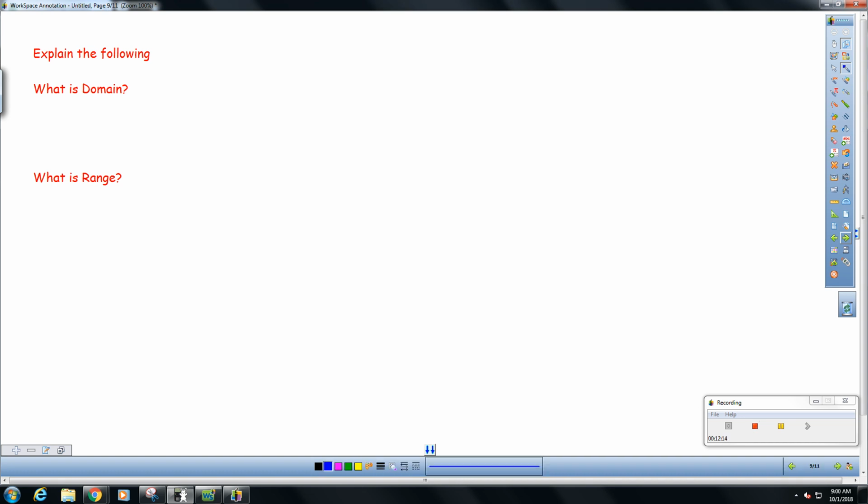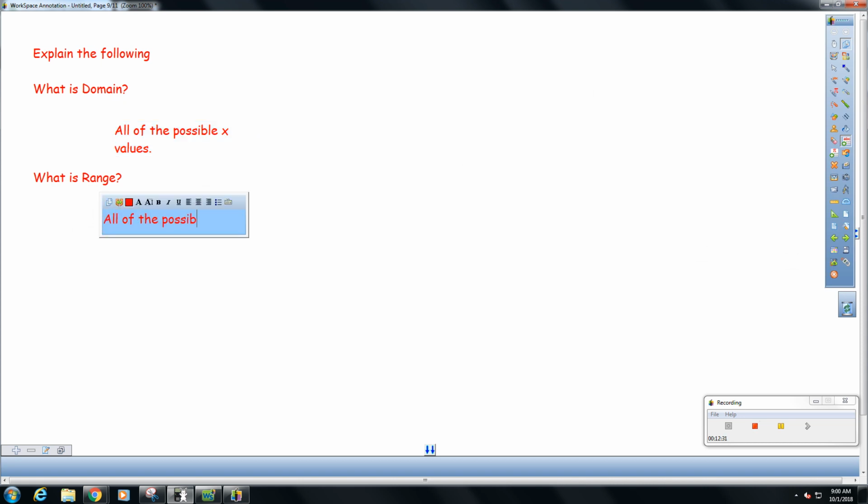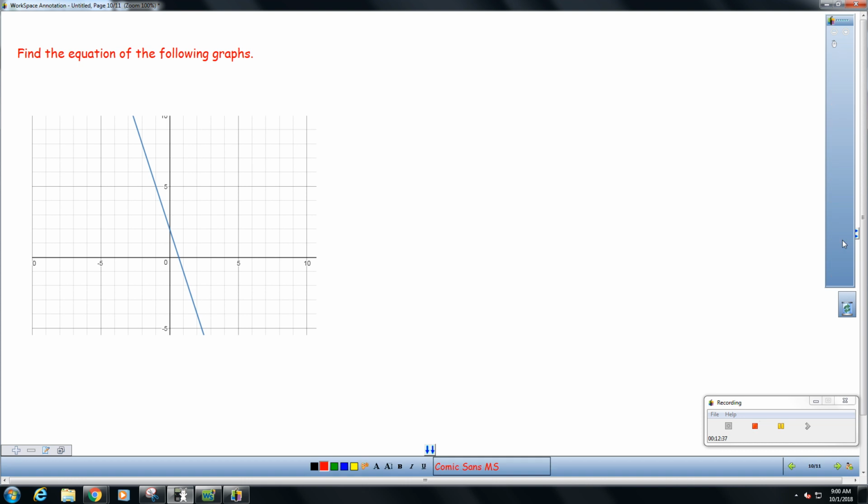And finally, oh, we got a couple more. What is the domain? Do you know what the domain is, Carson? All of the possible x values. And the range? All of the possible y values. Okay.